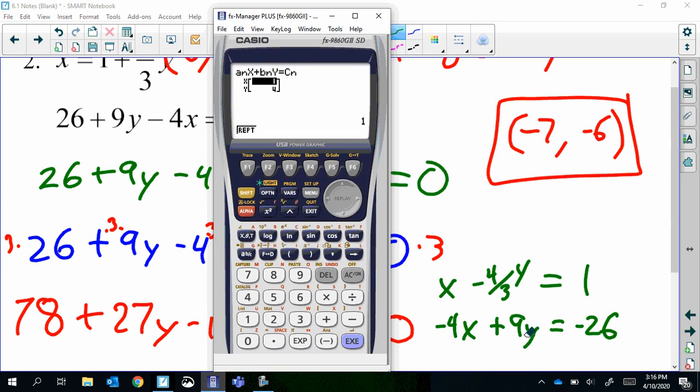And once you have it in standard form, you just have to type that in. So first coefficient of x is 1, and then -4/3. And 1.